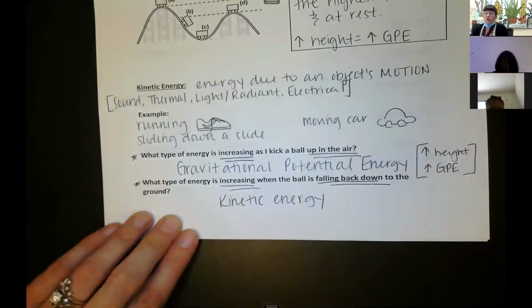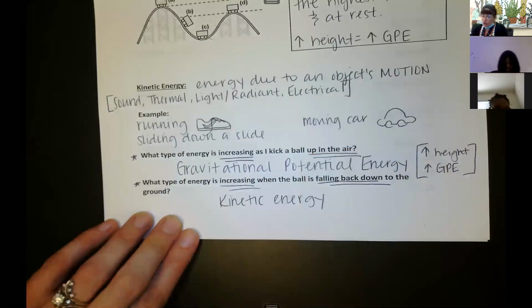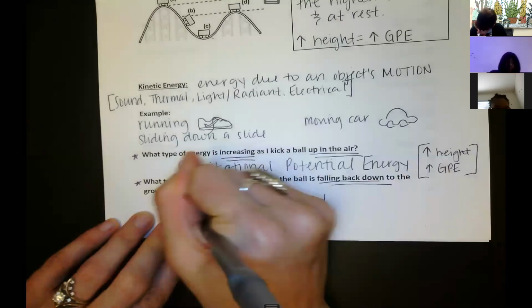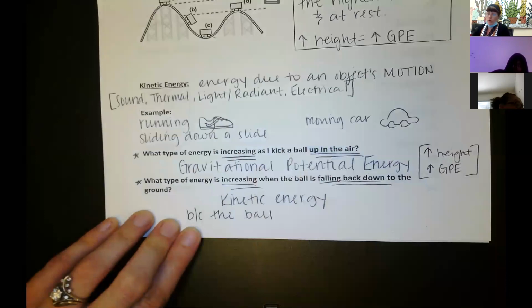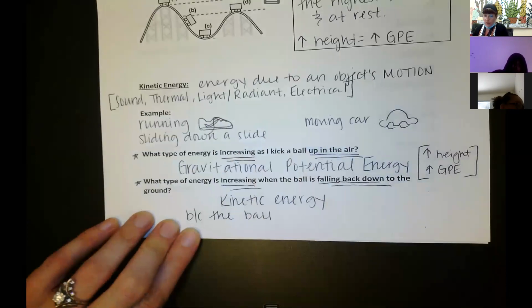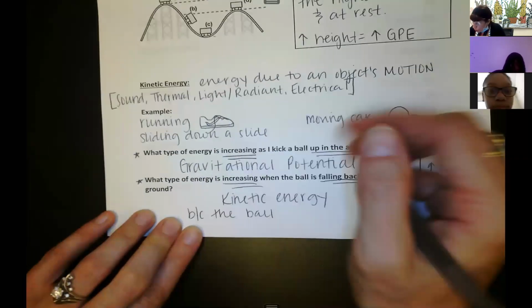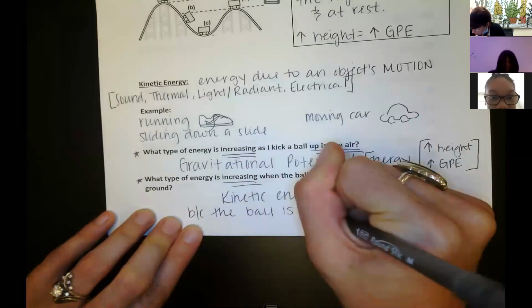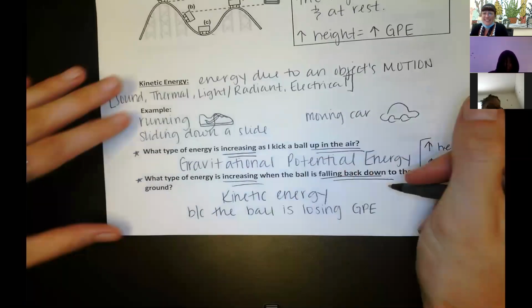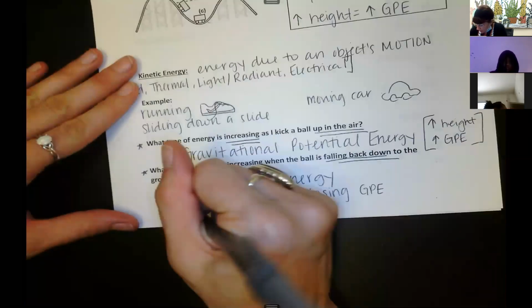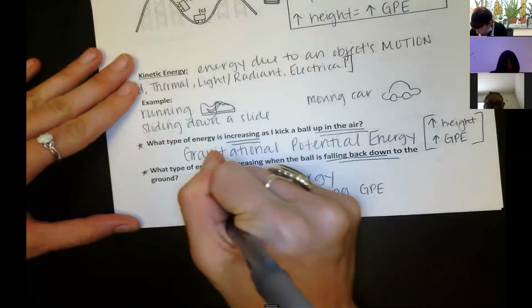Kinetic energy, because the ball is losing gravitational energy. Very good. So the ball is losing gravitational potential and gaining kinetic as it speeds up towards the ground.